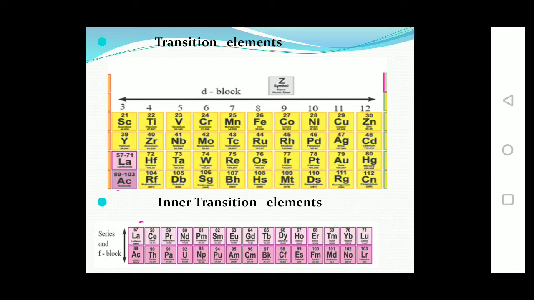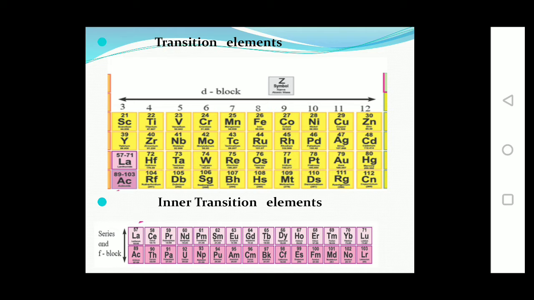After studying the periodic trends shown in some atomic properties by these elements, like atomic and ionic radii, ionization enthalpy, metallic character, in the previous session we learned about three important properties particularly shown by these elements, such as catalytic property, color, and the third is magnetic property.